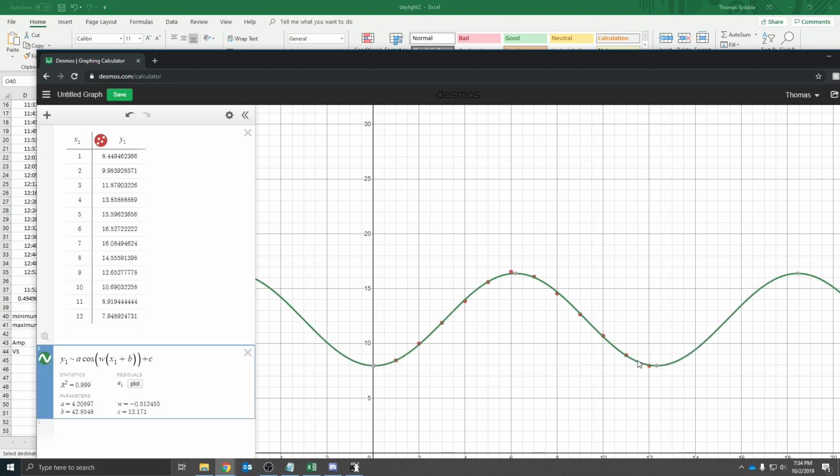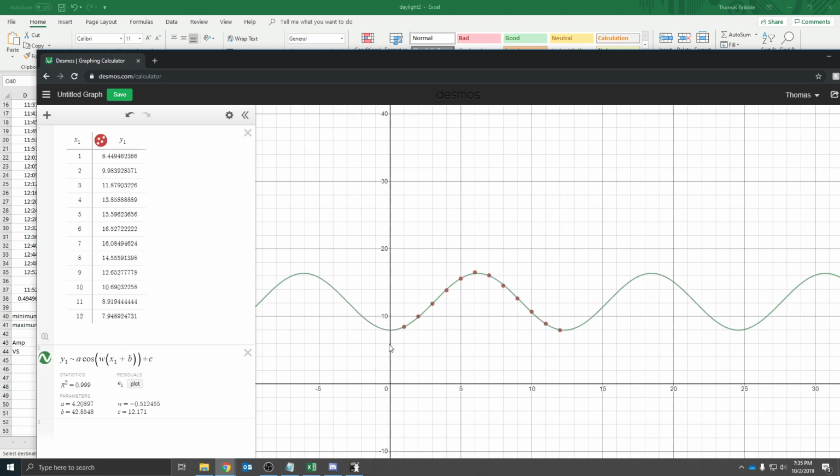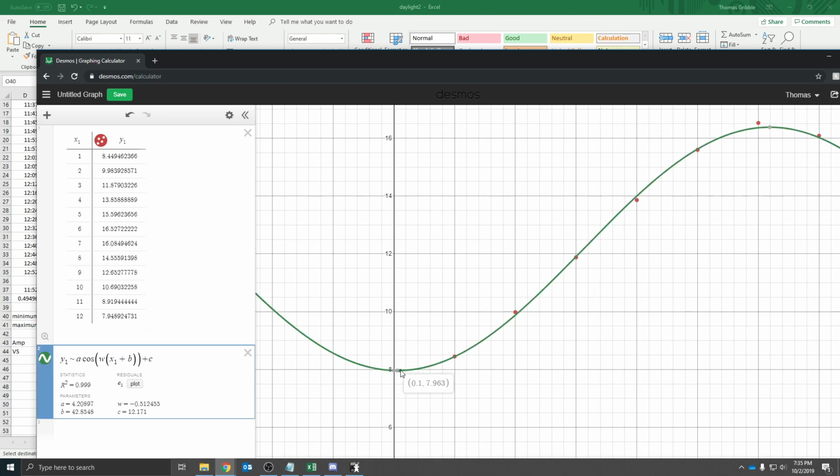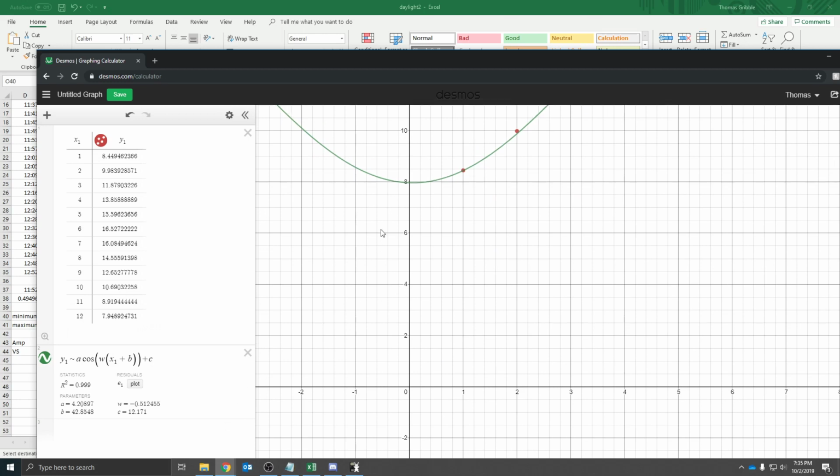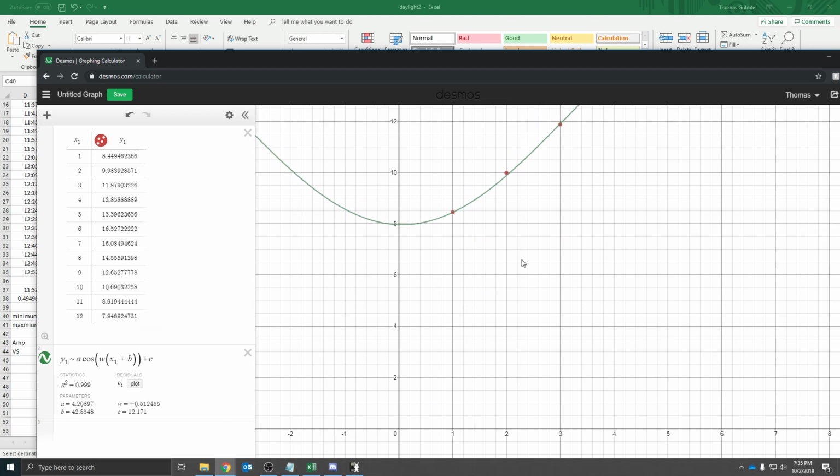And so what we've got here is some data that's kind of different than what maybe we expected it to be. The reason for that is that this minimum is to the right of the y-axis, and the y-axis on our graph represents January 1st, or midnight January 1st.